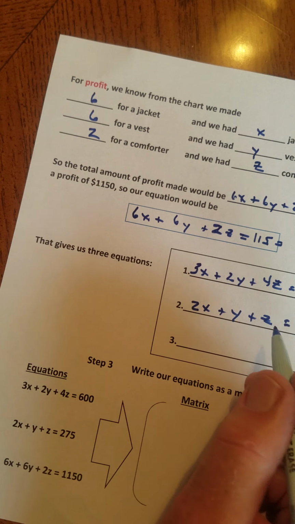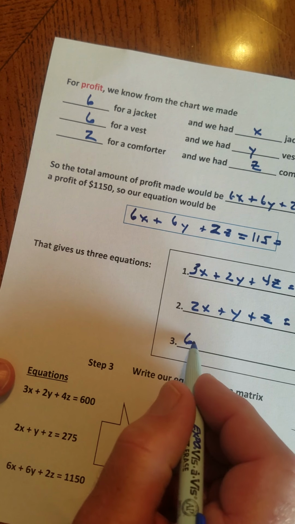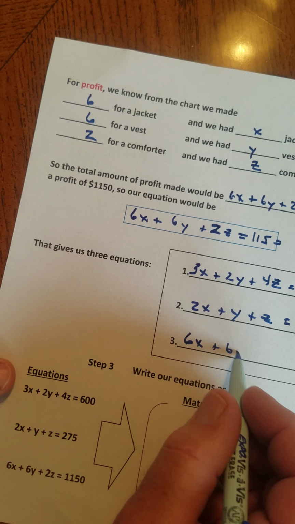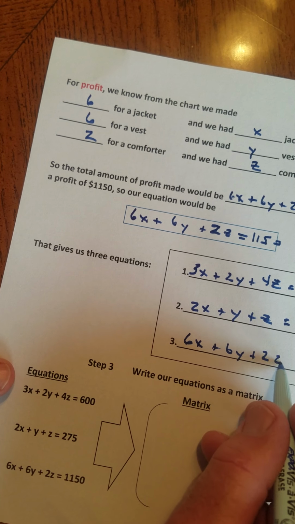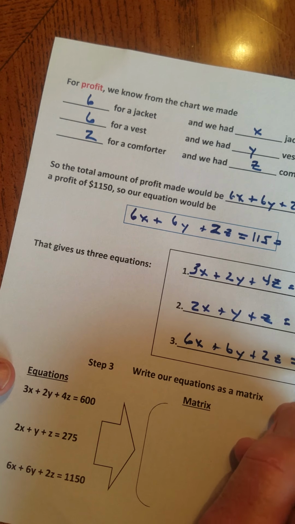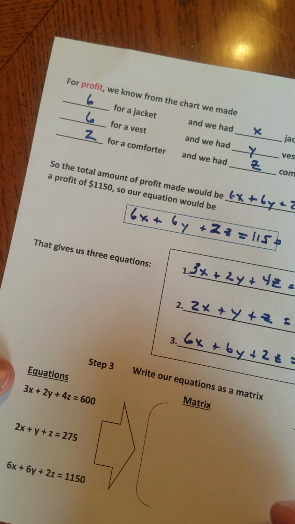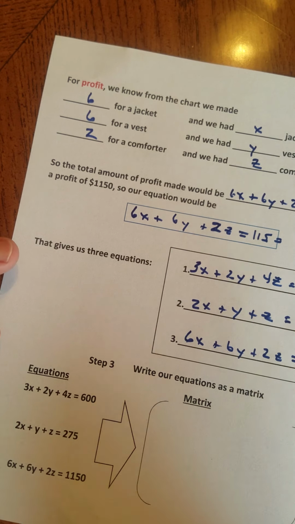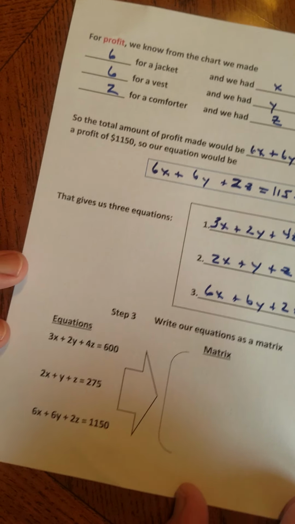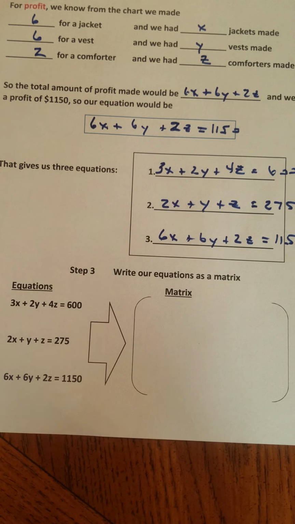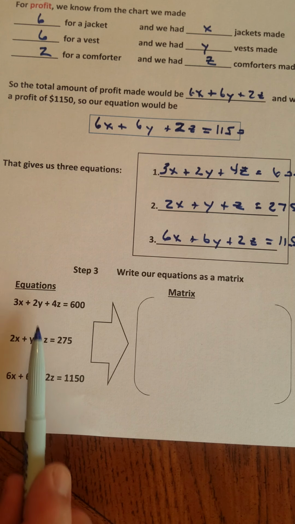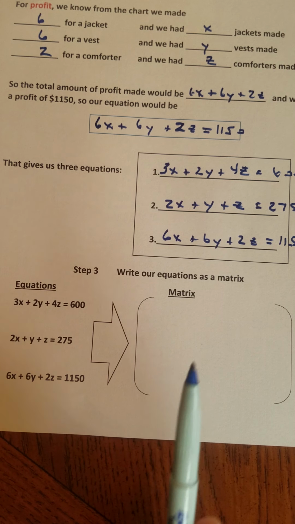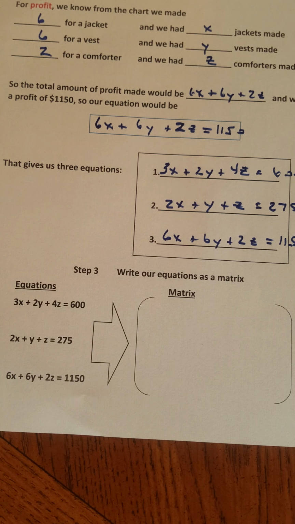And then my third equation I just found up here, 6x plus 6y plus 2z is equal to 1150. Okay, now I've done all of that. Now I'm going to show you what we're going to do with it. This is the last thing I'm going to show you in this lesson. Here are the 3 equations. I'm going to write a matrix out of that. First of all, you can say, what's a matrix? I will explain more about what a matrix is later on.